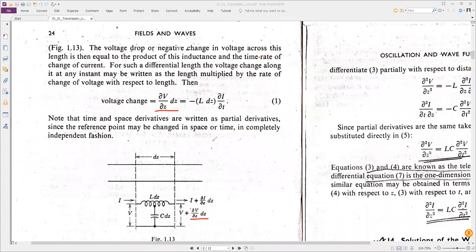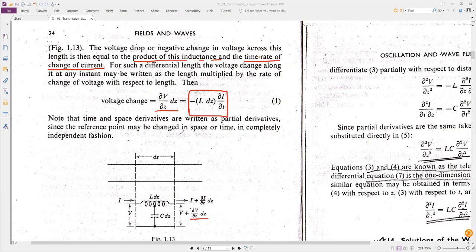For such a differential length, the voltage change along it at any instant may be written as the length multiplied by the rate of change of voltage with respect to the length. That is the voltage change.